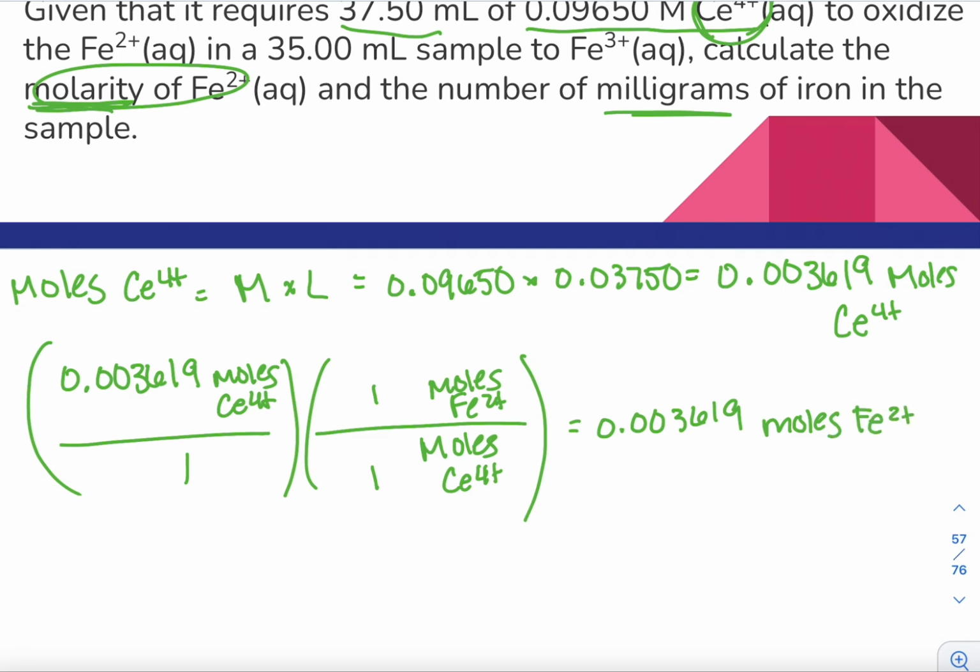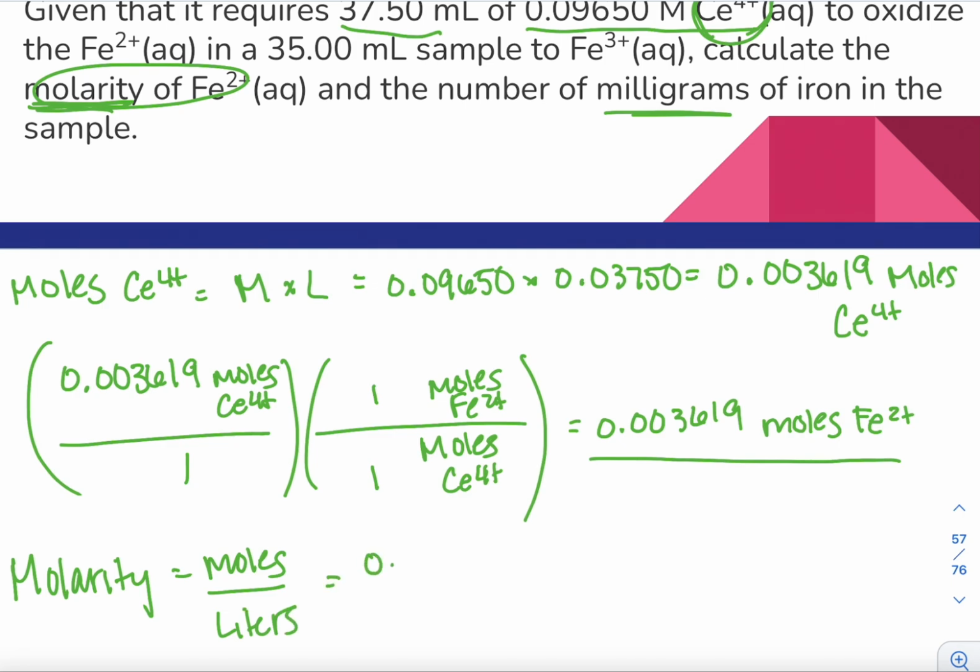And if you recognized that, even if this was a free response question, if you recognize that they had a 1-to-1 mole ratio and they're going to be the same, if you wanted to just say that instead of doing out the math, that would be fine. It doesn't matter if you explain things in math or words. Okay, so now we have our moles of Fe2 plus. So to find the molarity, we're going to do the moles over the liters.